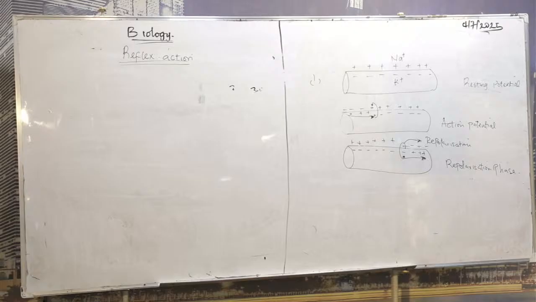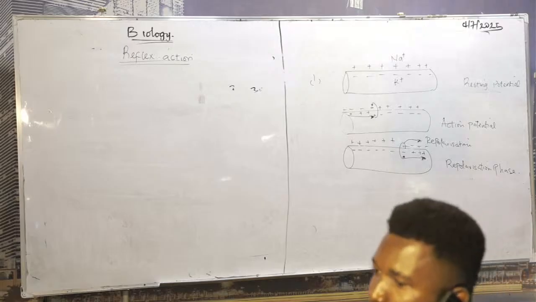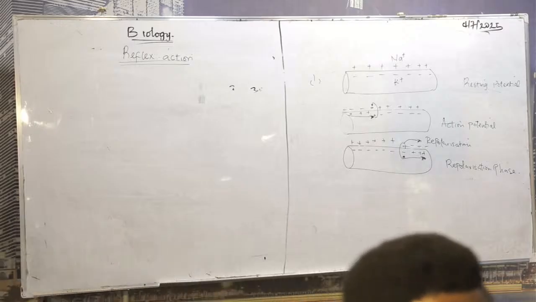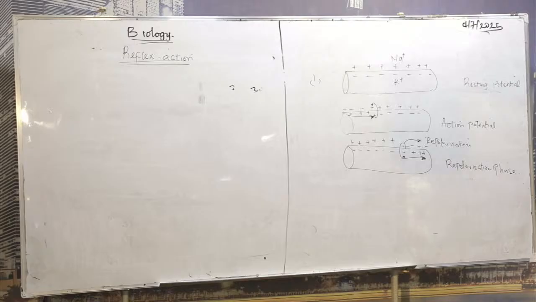Blinking is also a reflex action. Coughing is also a reflex action. Now let me explain something. Reflex actions are controlled by the spinal cord, but after being reported by the spinal cord, it goes to the brain for interpretation.